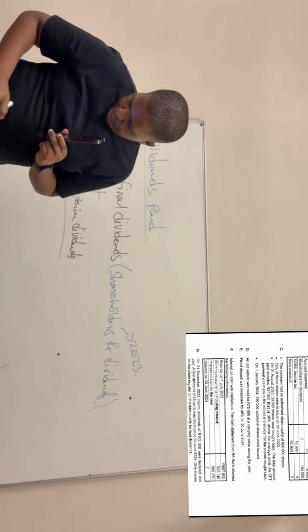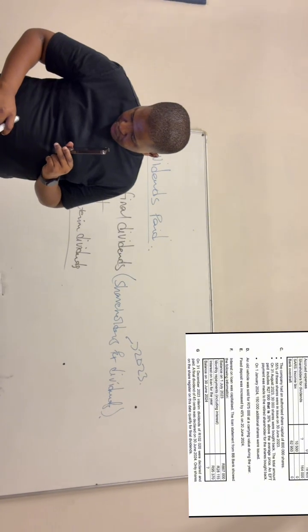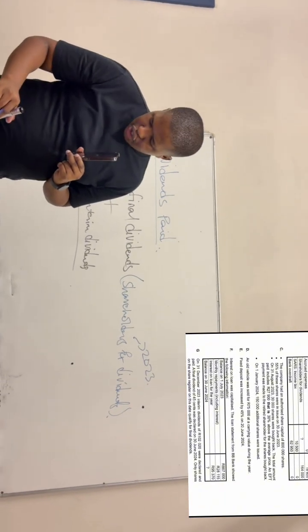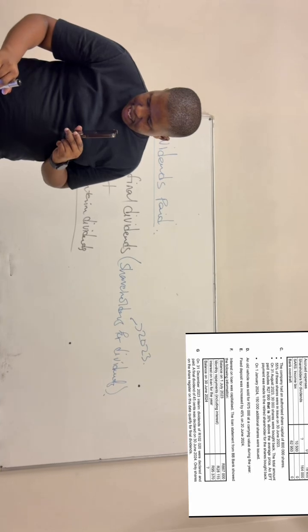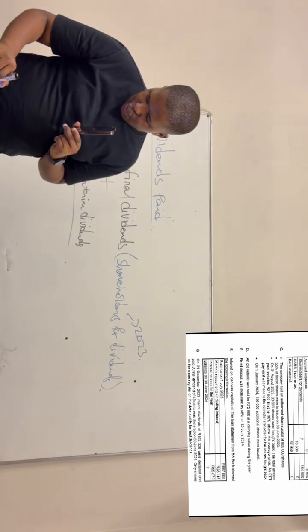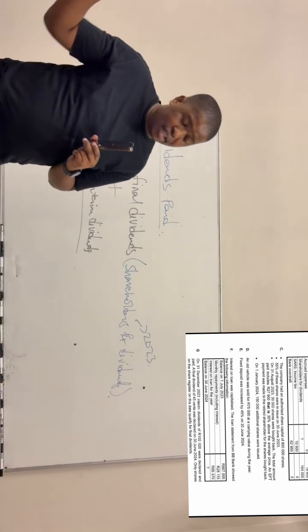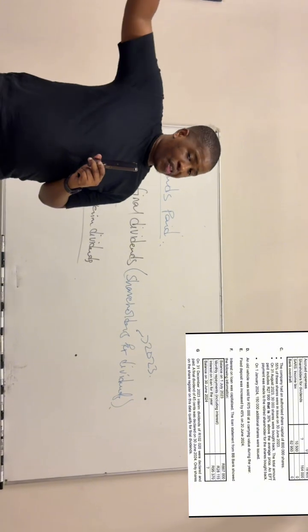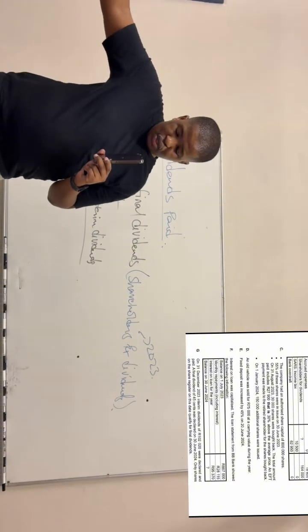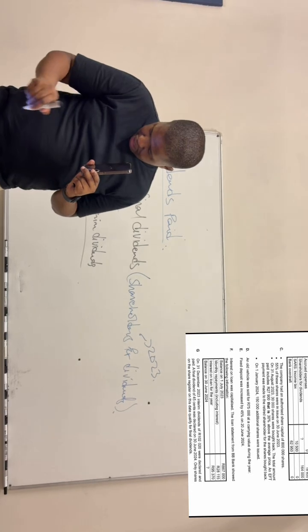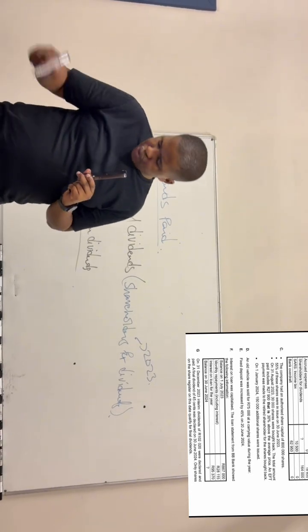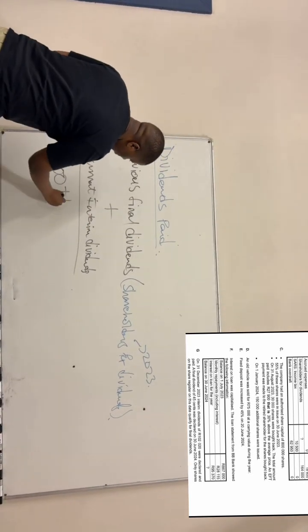We go to information G. On 31 December 2023, interim dividends of 102,020 were declared and paid. That's all. We don't care about the rest of the transaction. The most important part ends where they say it was paid. 102,020 is our interim dividends for this year.